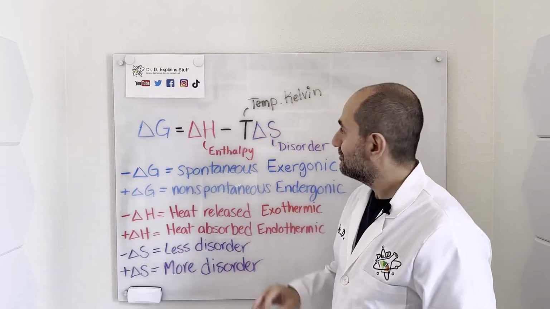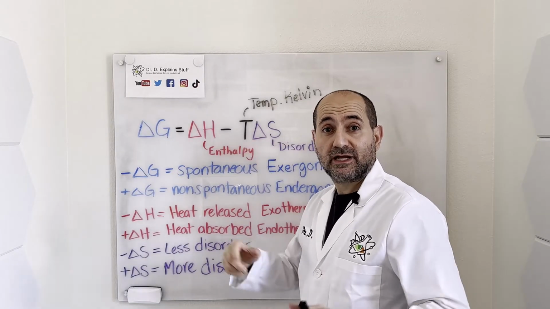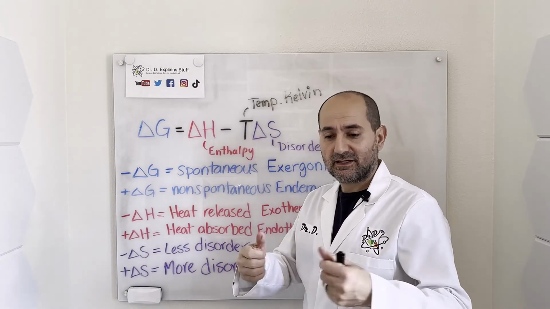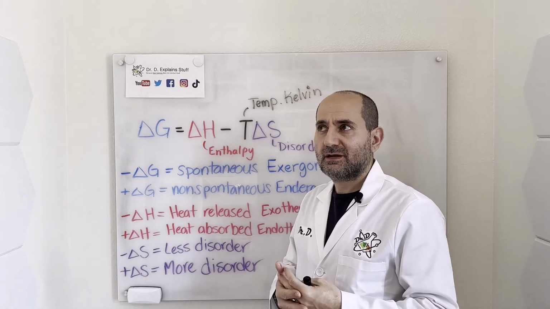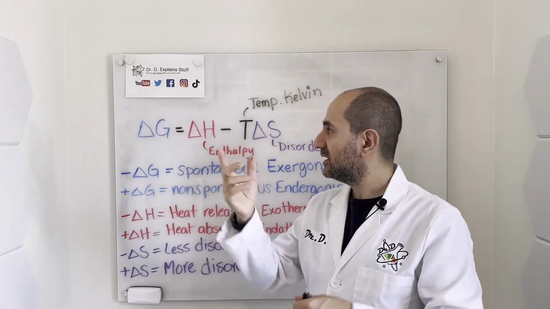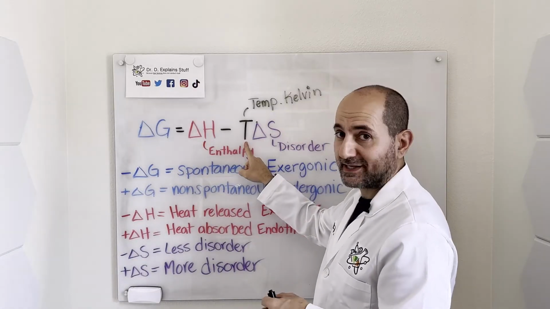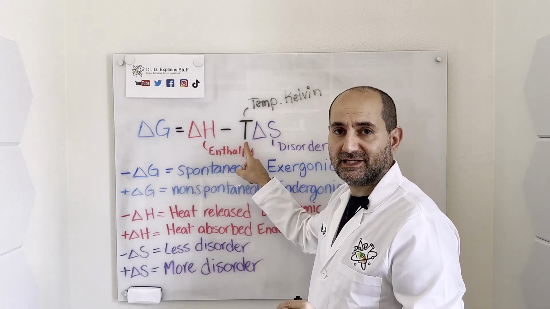There's a difference, right? This temperature refers to the temperature at which you did the experiment, at which the reaction occurred. So, for example, if I mix two chemicals at room temperature, this Kelvin would reflect the temperature of the room in Kelvin.